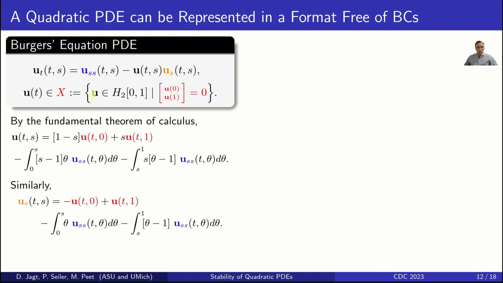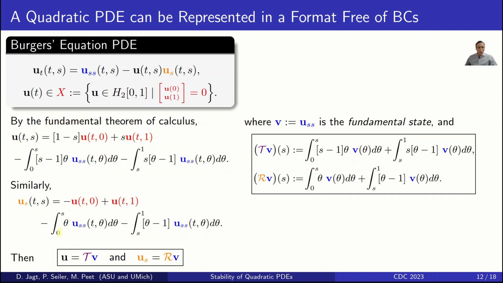In particular, we note that using the fundamental theorem of calculus, we can express our PDE state U in terms of its second order derivative using these integral operators, as well as these boundary values of the state. Similarly, we can express the first order derivative of the state in terms of this second order derivative and these two boundary values. Now, of course, by the boundary conditions, these terms here will be equal to 0.